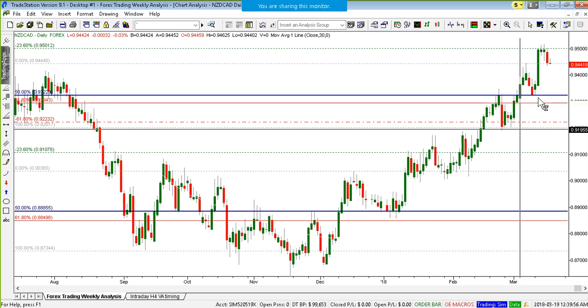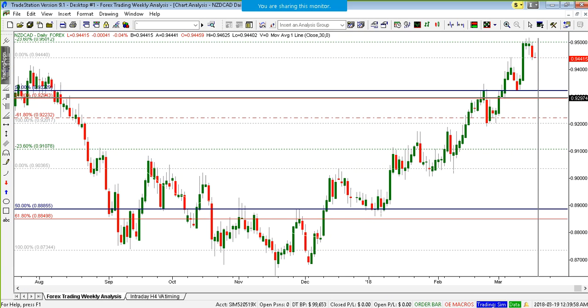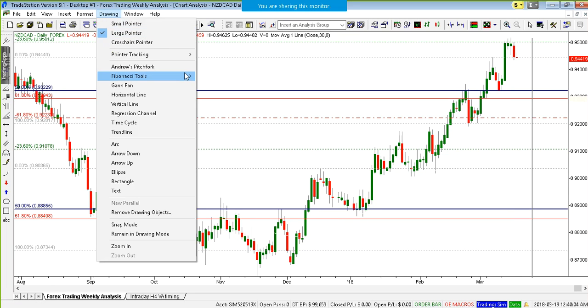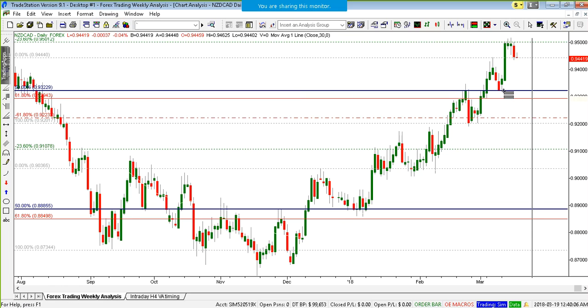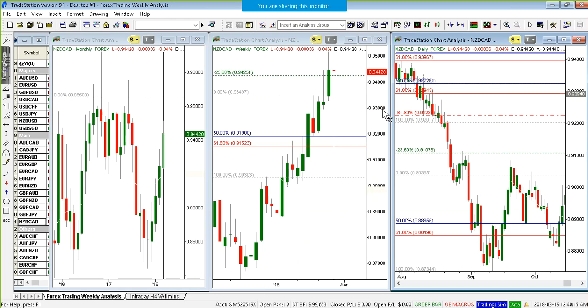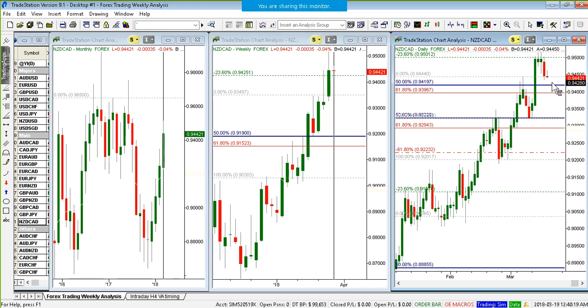If this is the measure move, 0.9322 has traded. First target has been hit. The next measure move is highs to lows, and 94.19 could come into play, and potentially that's the next measure move here that we need to look at and test.